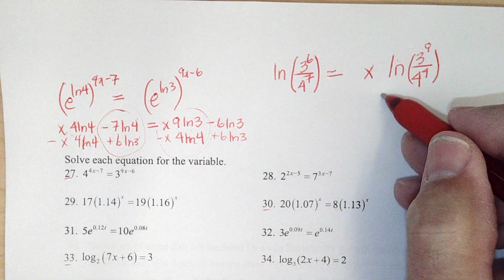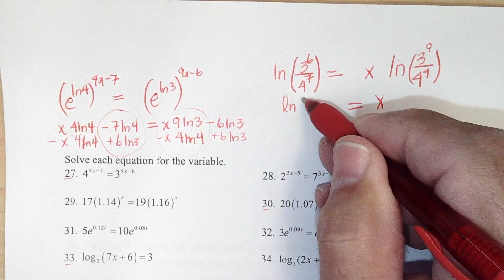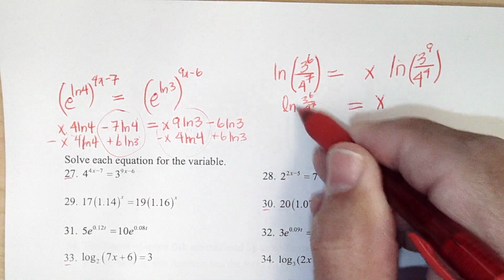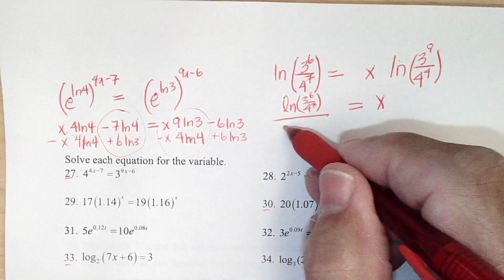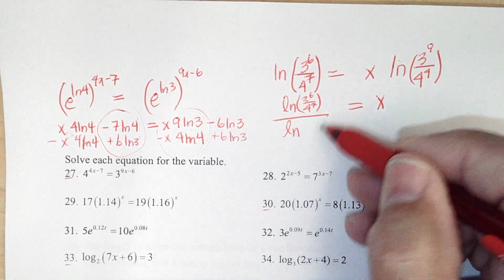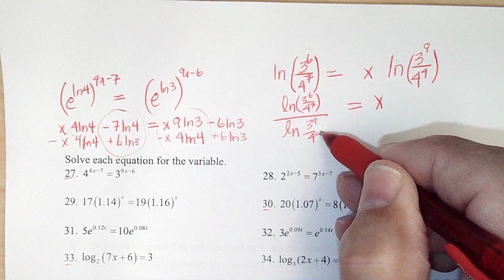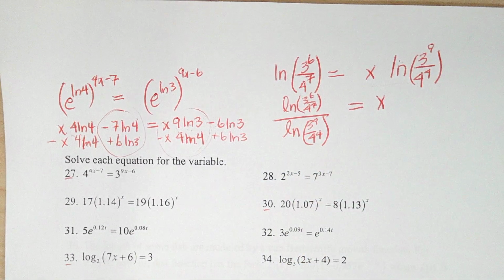So my final answer would be x equals ln of 3 to the 6th over 4 to the 7th, divide both sides by this, over ln of 3 to the 9th over 4 to the 4th. And I can't do anything other than type that into a calculator and get an answer.